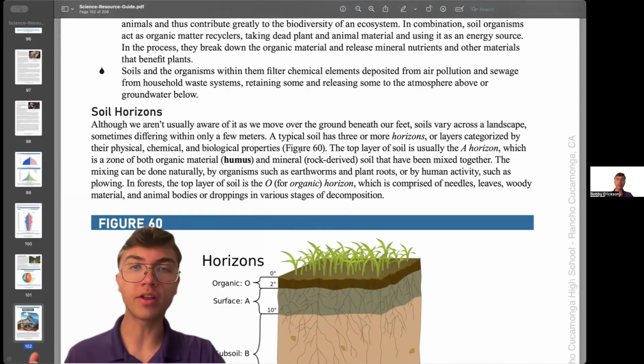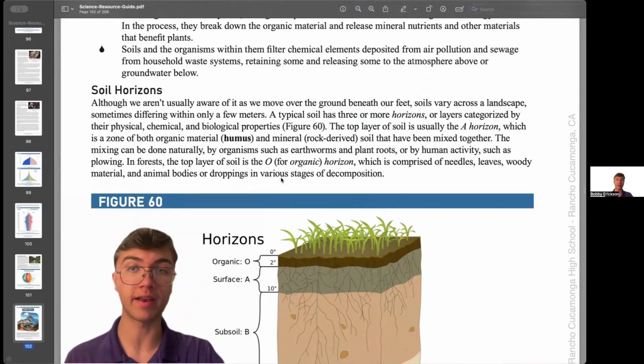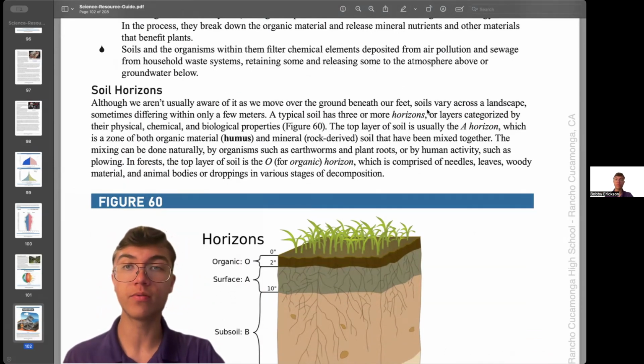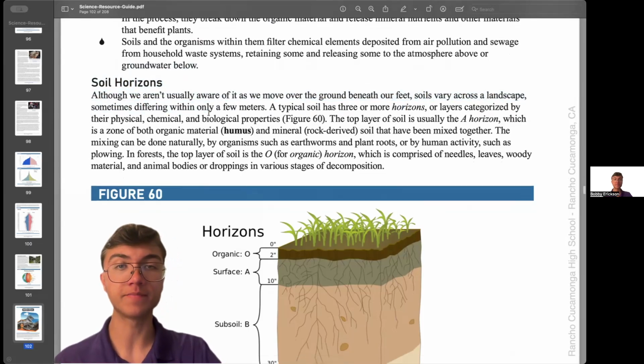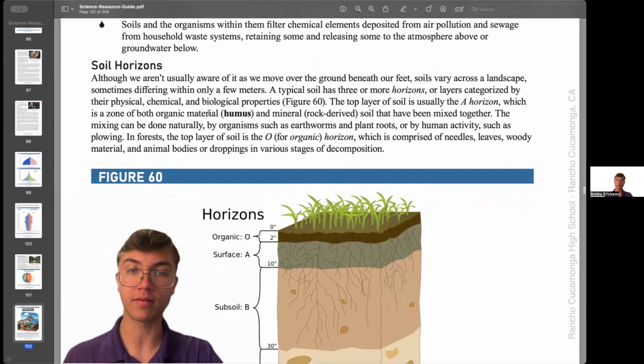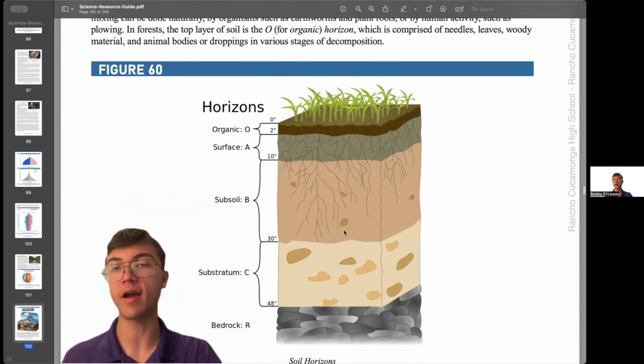We often just think of soil as soil, but there are lots of different types of soil that we can have. And when we see that soils vary across a landscape, they actually vary only a few meters in depth, and so they usually have these things called horizons, or different layers almost. It's almost like how we have layers of epidermis or skin.